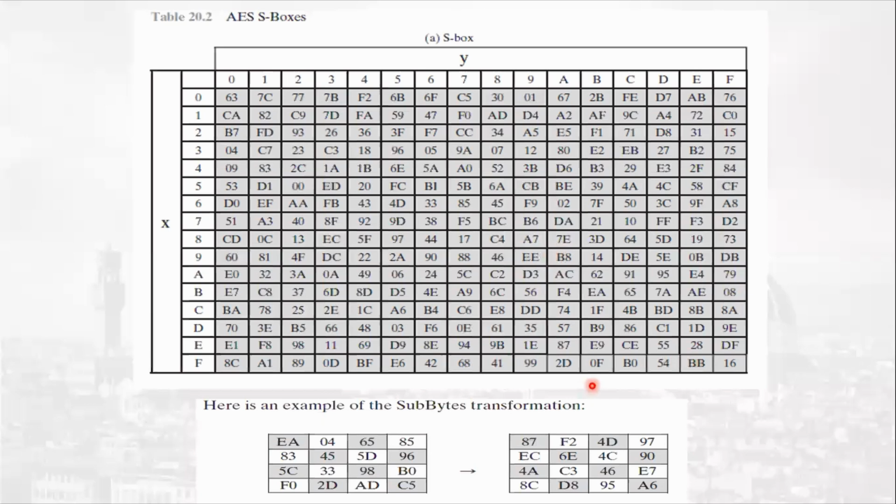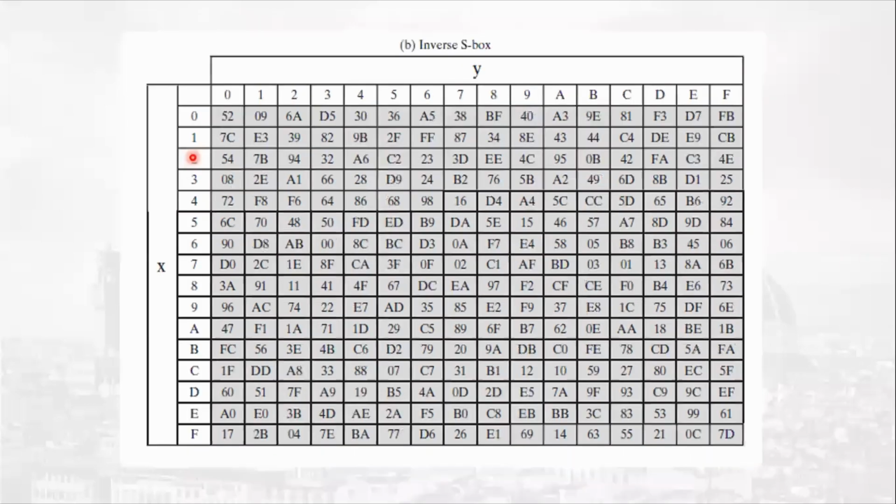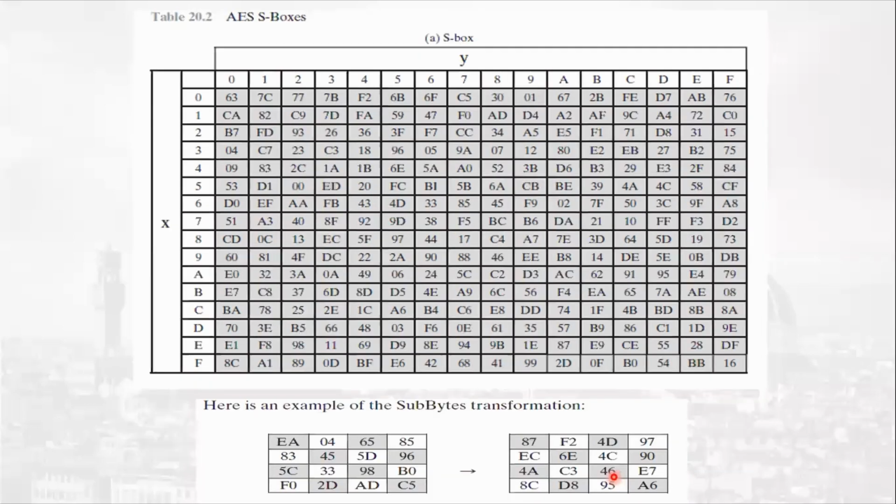So now for the inverse S box, let us put this data as 87. I'll go to the 8th row and the 7th column. I should get EA, and that is my input. Similarly, let us go to an example which we have not seen, C3.